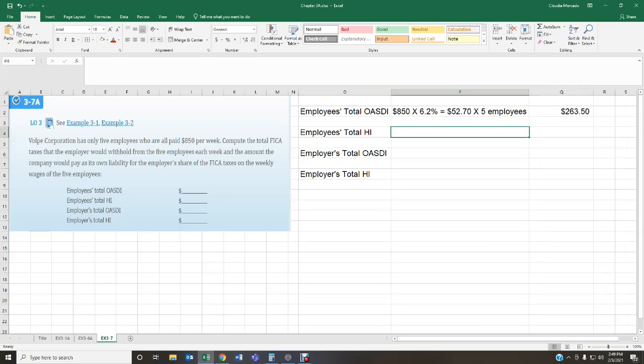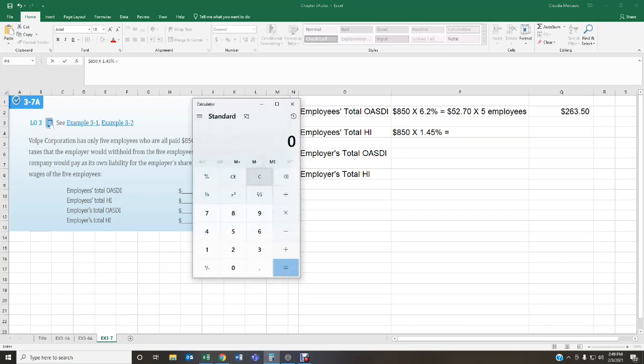Now, we're going to do the same thing for HI. We're going to get the $850 and multiply it by the rate of 1.45%. That gives me $12.325. Because the third digit is a 5, I'm going to round that second digit up, so it'll be $12.33.